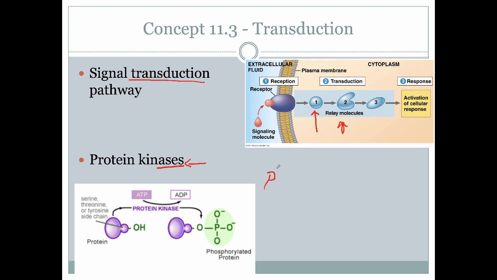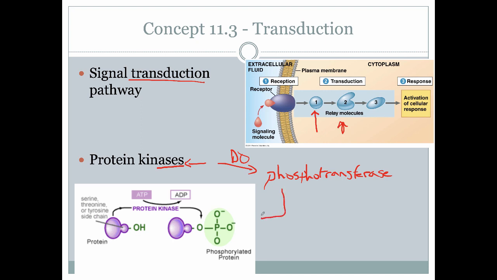I'm going to try and write it out long here. The enzymatic reaction that it does is called phosphotransferase. Okay, so protein kinases do phosphotransferase, right? And so what is phosphotransferase?